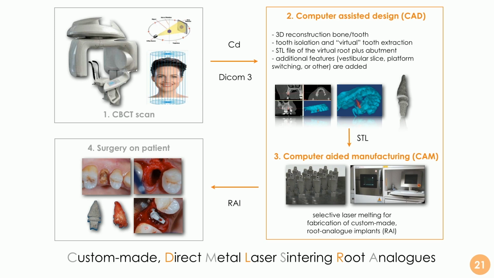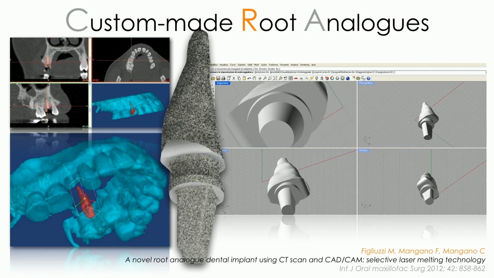And then we print, in this case we laser sinter or laser melt, the integral one-piece implant that can be placed without drilling the patient, because it's a perfect copy of the root that needs to be extracted, a root analog, with the addition of the integral abutment for immediate loading purposes. And this is how it works.